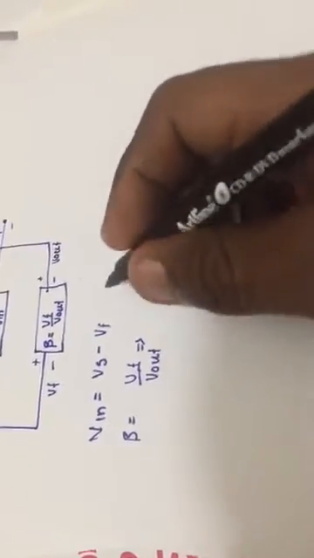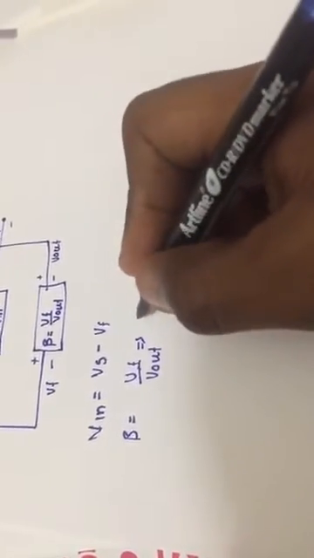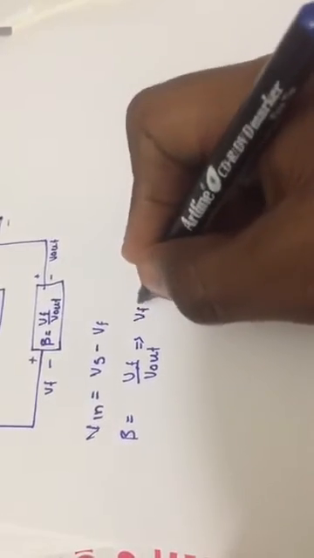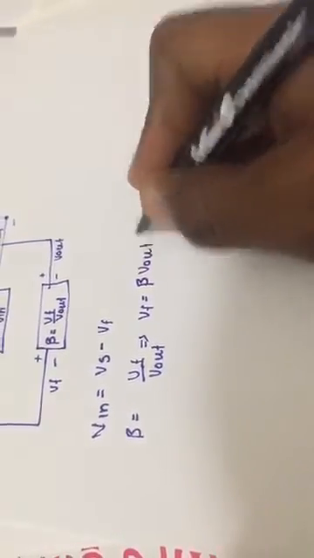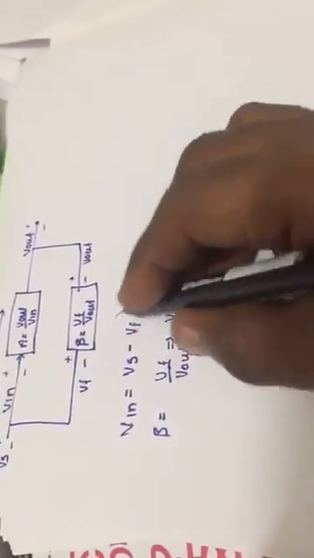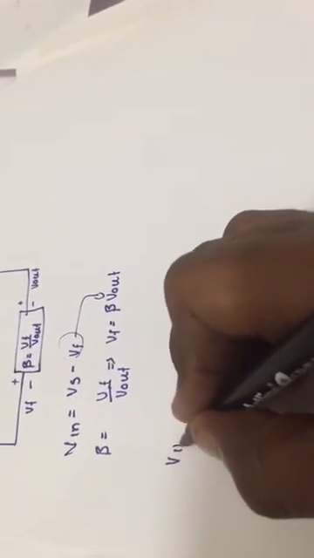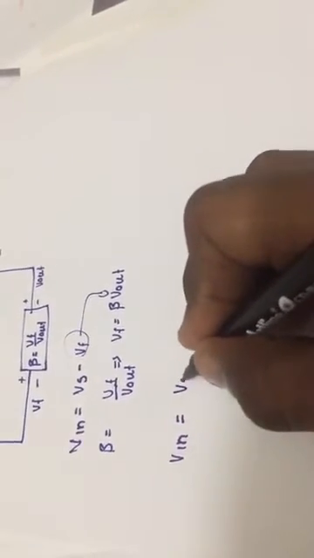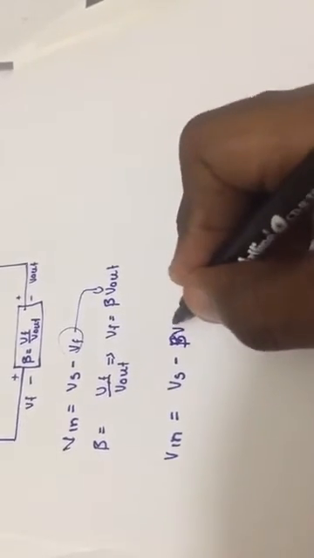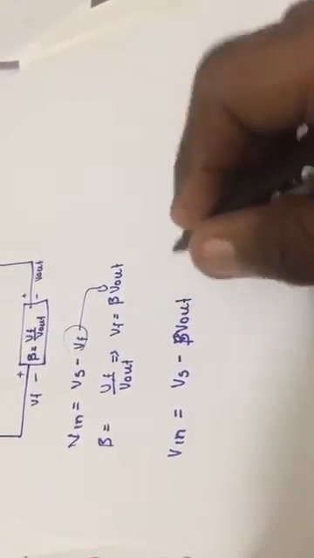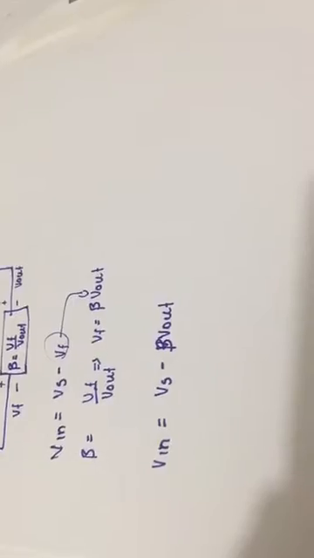VF is equal to beta V out. Instead of VF, we can replace this, so V in is equal to Vs minus beta V out.